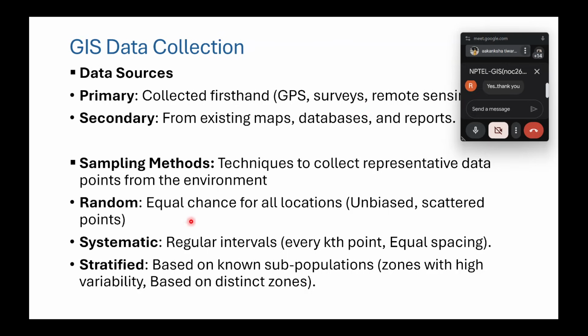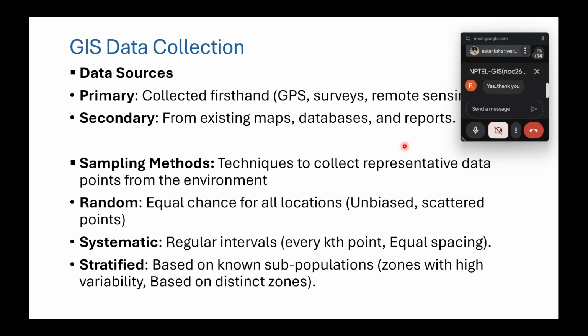Okay, and there can be different types of sampling methods. Because you cannot sample at each and every place, you can use different kinds of methods. The first method is the random method, in which all the locations have equal chances, and you are randomly going to any location and sampling that.